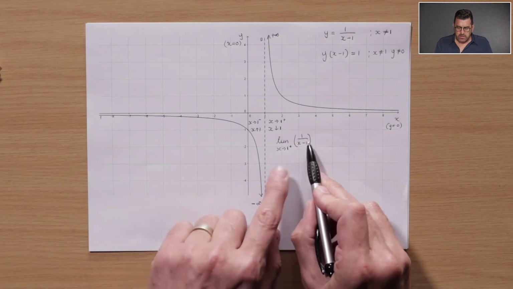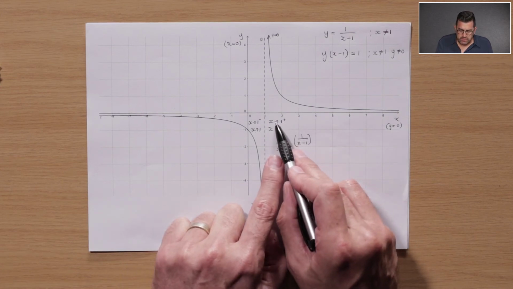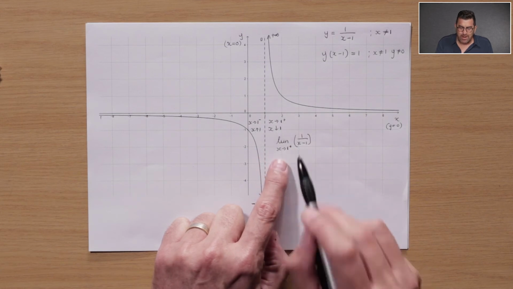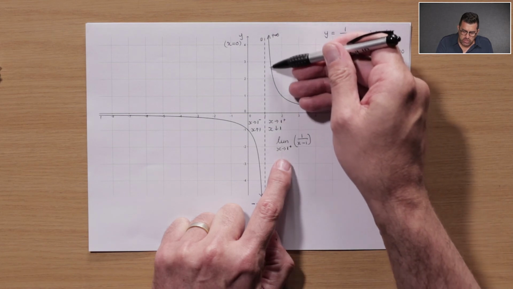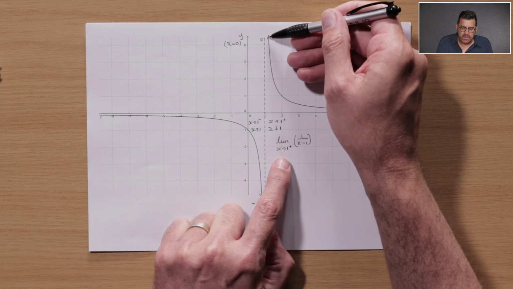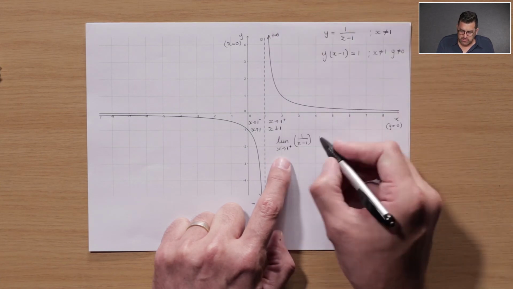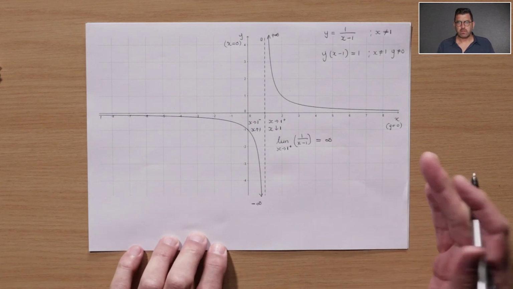The limit for this function when x is approaching 1 from the positive side is a y value. Okay? And that y value, it's talking about what is happening. What is the limit of those y values? Those y values are going to infinity on the right.